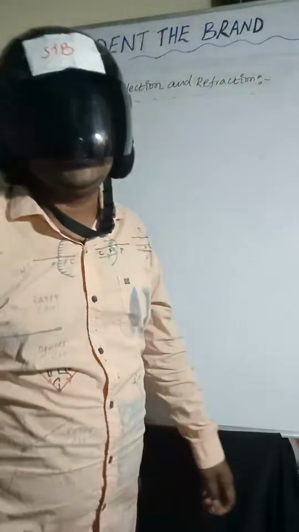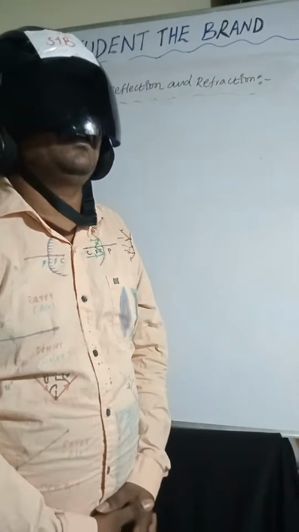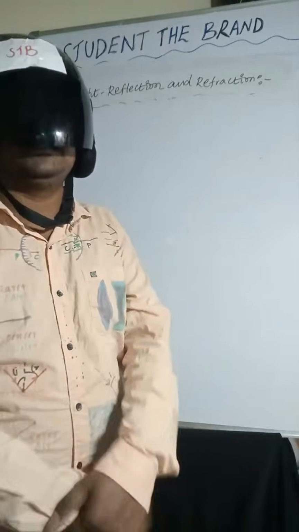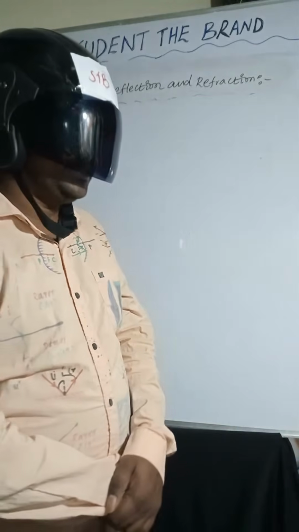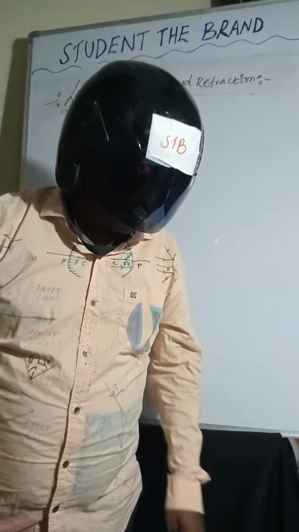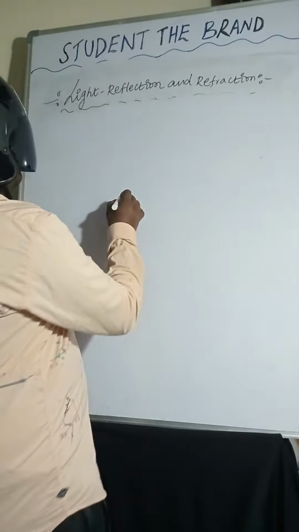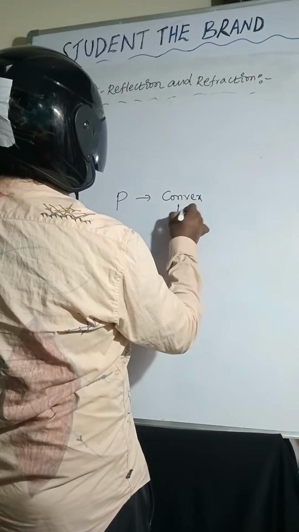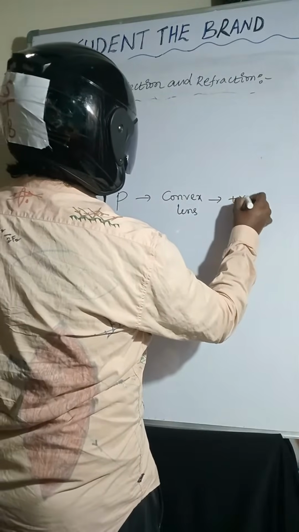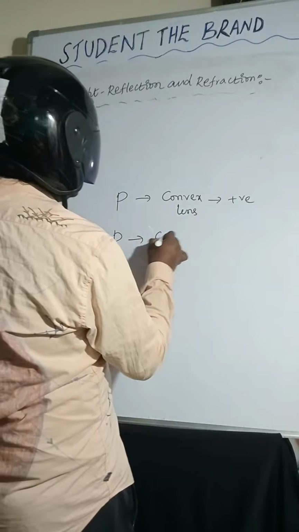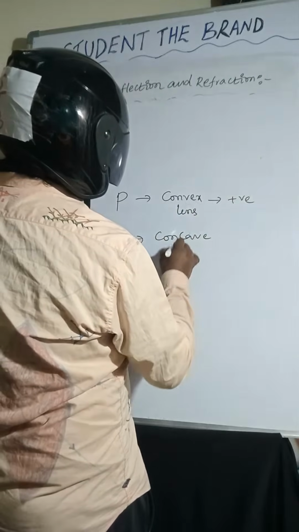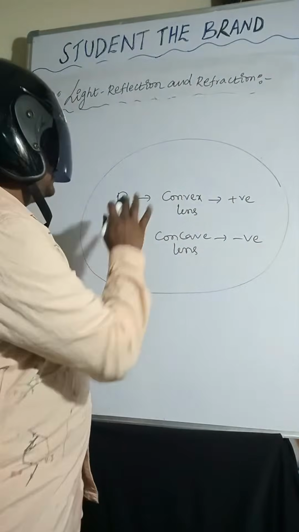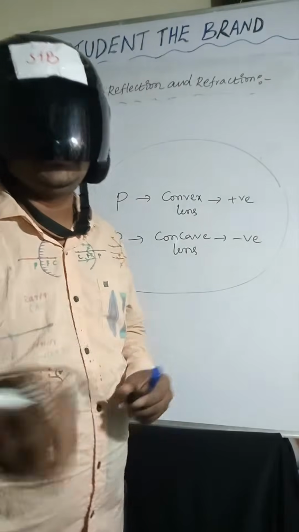Power of convex lens is positive, whereas power of concave lens is negative.